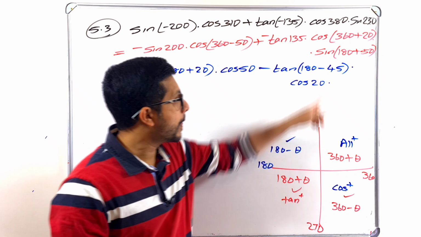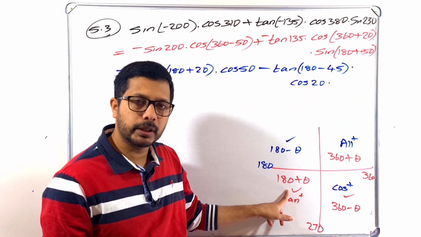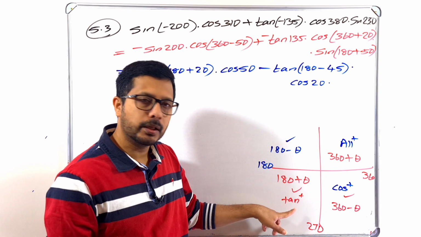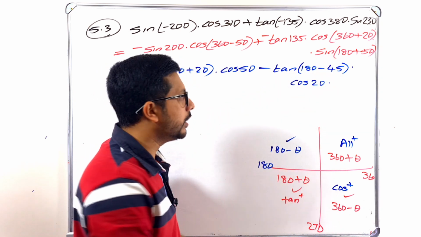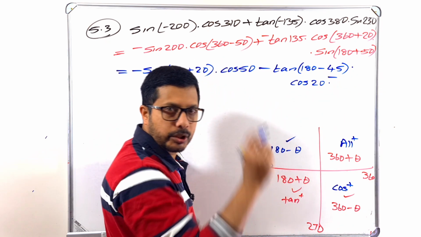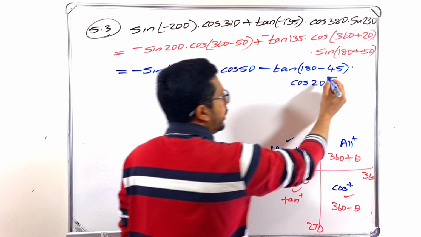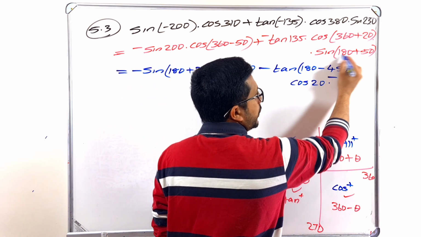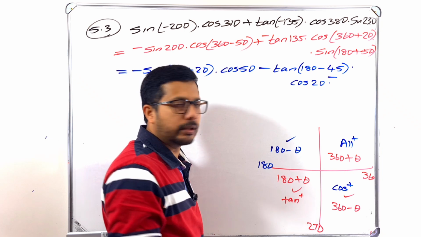Listen once more: 180 plus 50 is in the third quadrant, where tan is positive, and sine is negative. Look at where I put the negative on top, otherwise in the next step you will be confused. So negative, and if it is based on 180 or 360 horizontal line, no change in the trigonometric function.